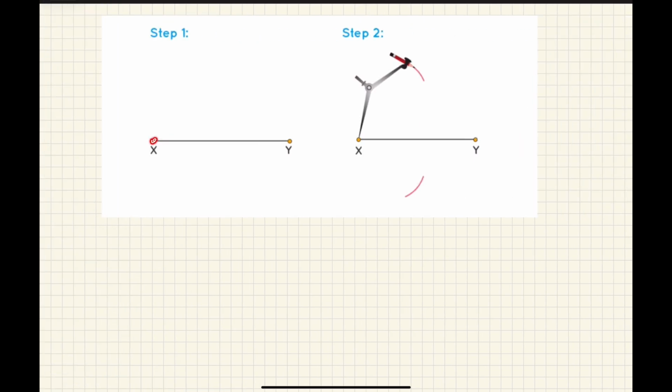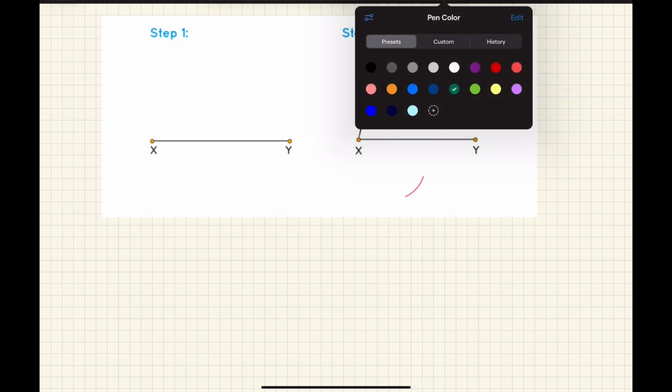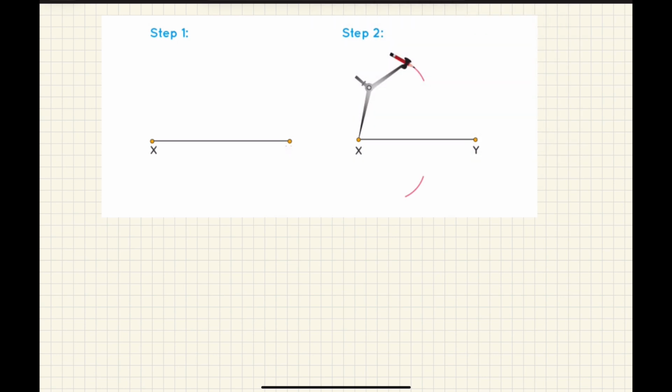So let's say this is point X and this is the image point, X prime. With a very light pencil, you connect the image and the object point together and get ready to construct the perpendicular bisector. So how do you do that?